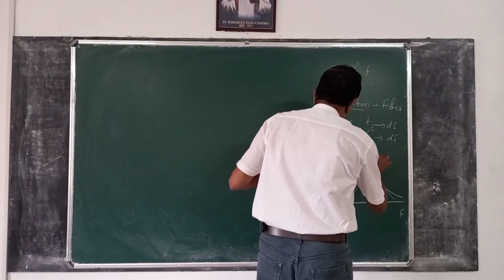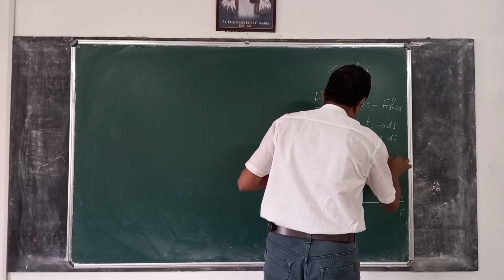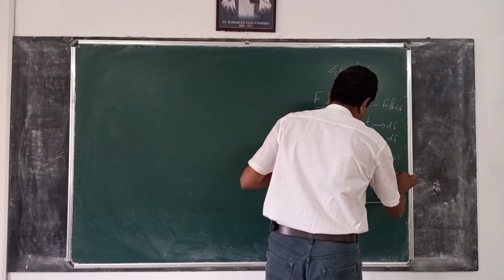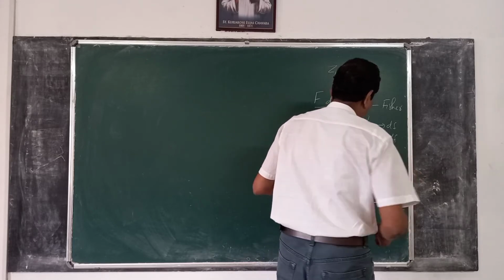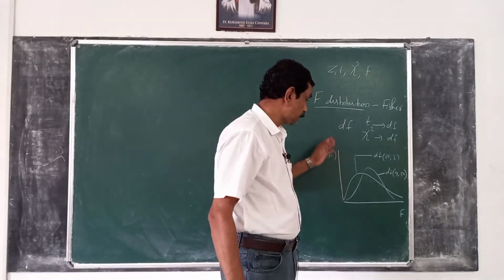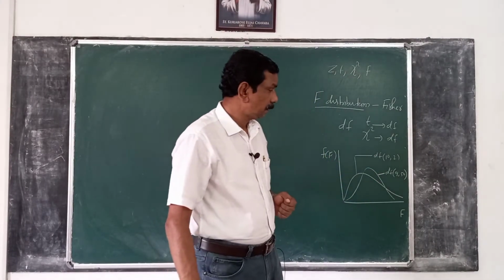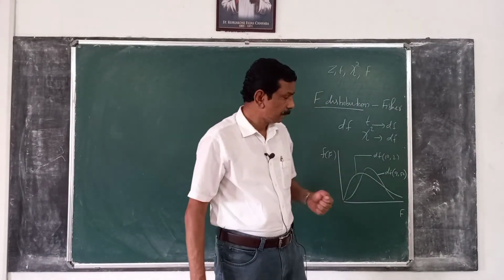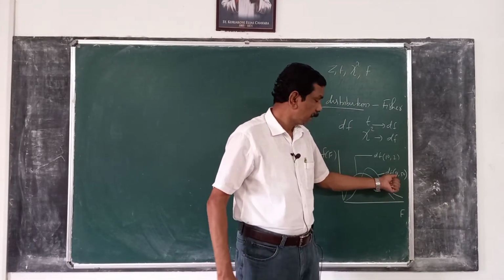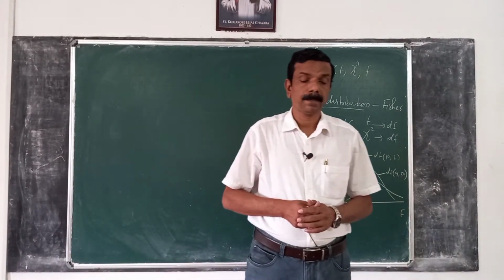For this curve the degrees of freedom are 10 and 2, and for this one they are 9 and 50. The first number is the numerator degree of freedom, and the second number is the denominator degree of freedom.